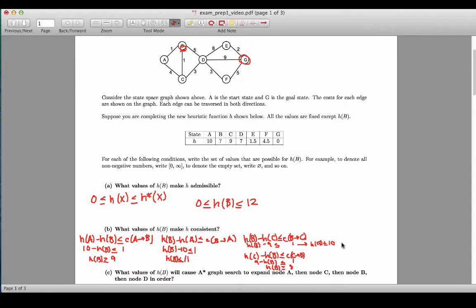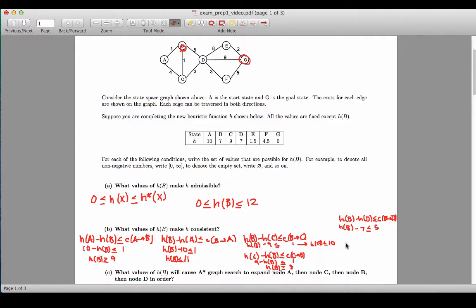Lastly, we're going to consider the node d, because that's the last neighbor of b. So h of b minus h of d is less than or equal to the cost from b to d. So that means that h of b minus 7 is less than or equal to 5.